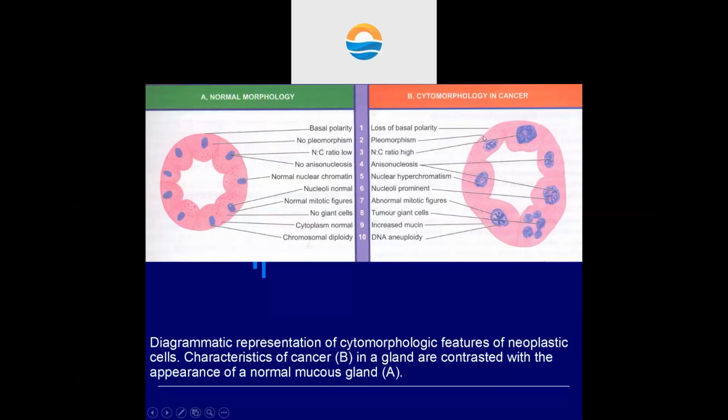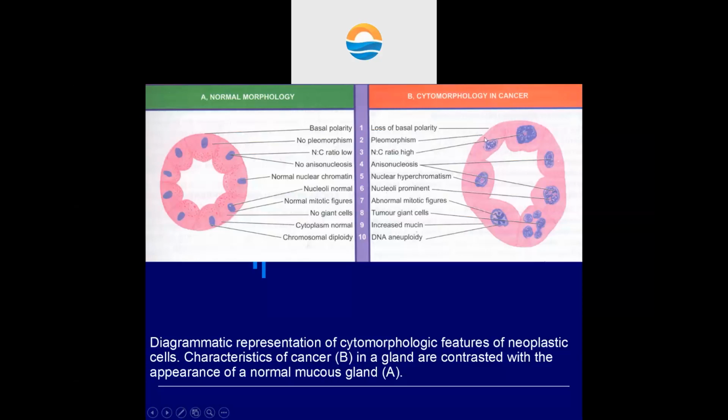So various locations of the nucleus within the cell. Also, we see pleomorphism. So various forms, all cells are different. Also, you see increased N to C ratio.